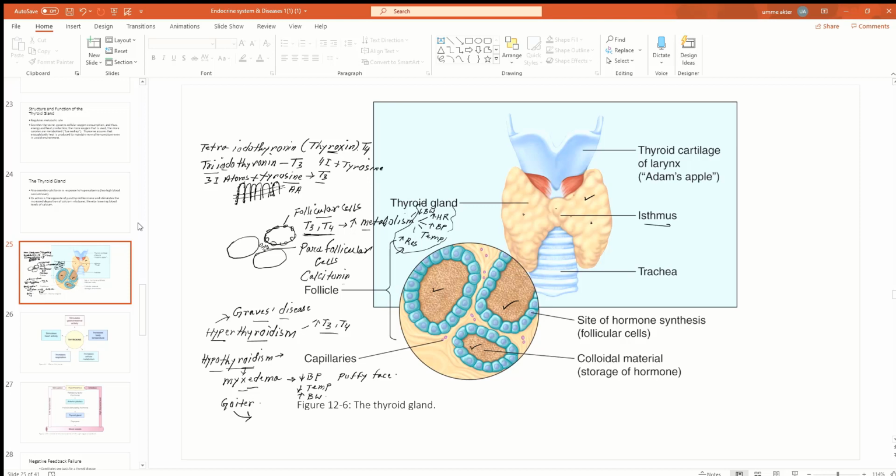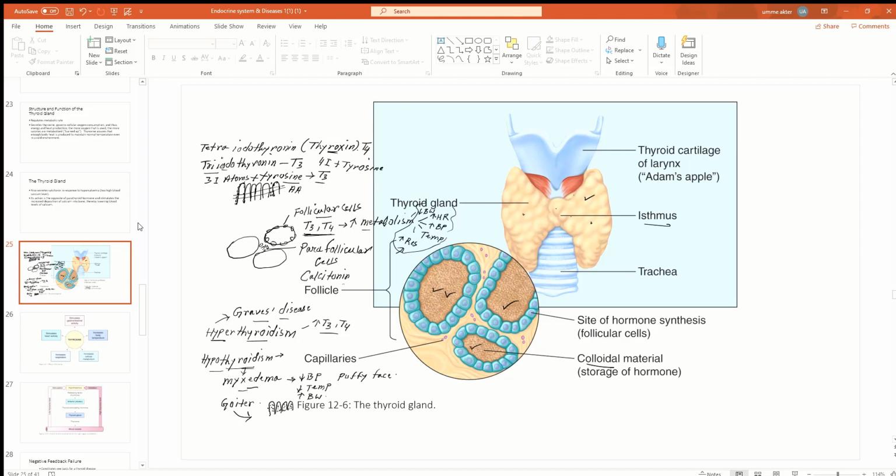And goiter occurs if inside these follicles, you remember I said the thyroid gland is filled with follicles, more protein accumulates inside the follicles, that colloid. Colloid, that is a protein, stores more, so the follicles will get bigger, and the whole thyroid gland will enlarge.